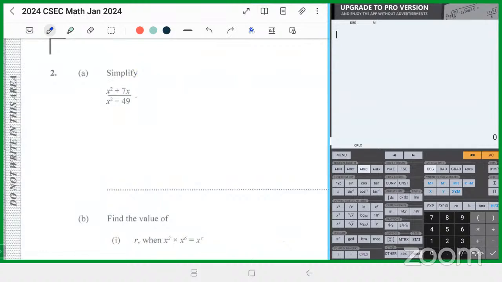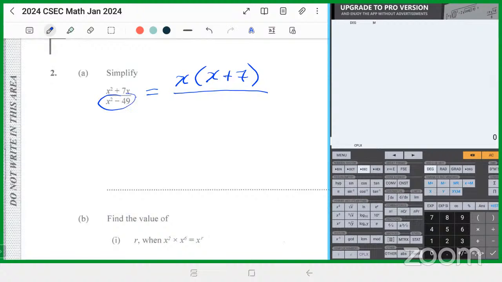So it's to recognize the factors in the numerator and in the denominator. The numerator has a common factor of x, so this can be written as x into x plus 7 if we factorize the numerator. The denominator is the difference of 2 squares, where 49 is 7 squared.